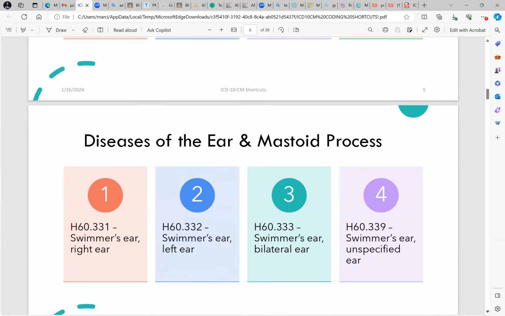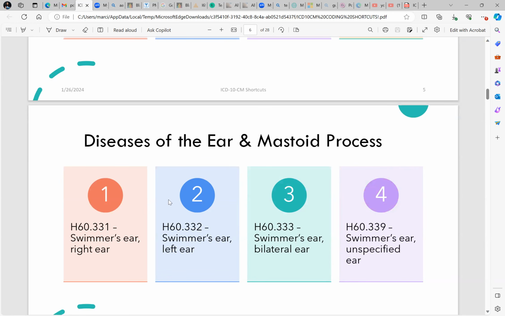So let's talk about the ear and mastoid process. This is going to be in chapter 8. Although it's still the H category, it's broken down from H00 through H59 as far as chapter 7, and chapter 8 is H60 through H95.